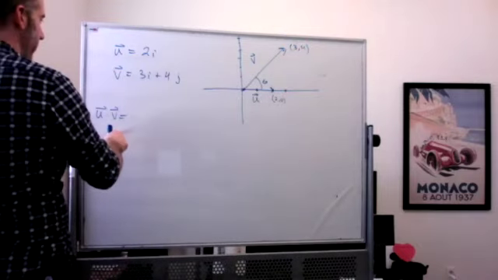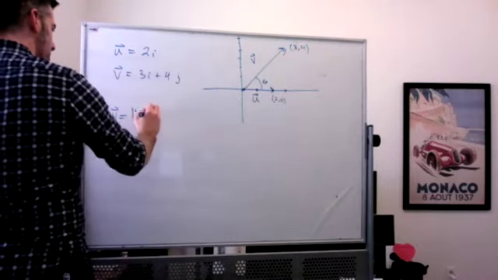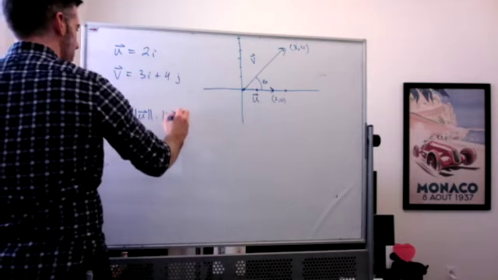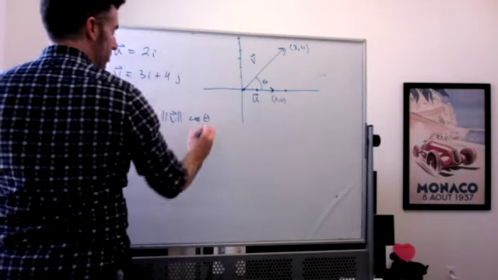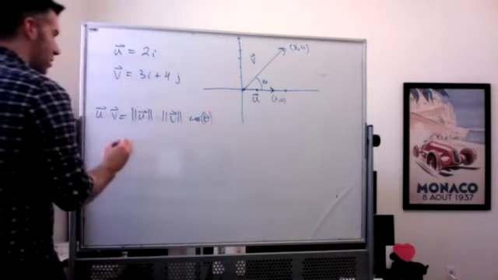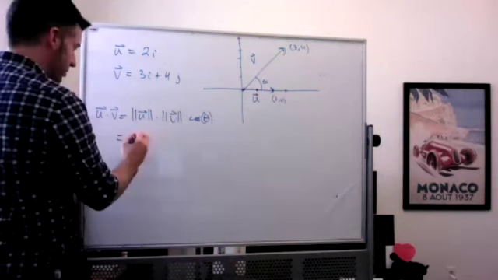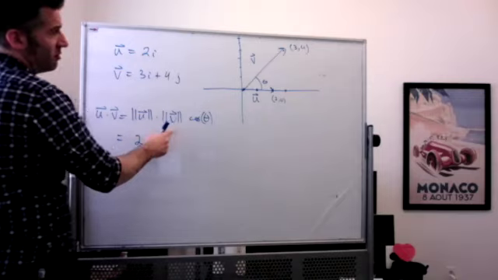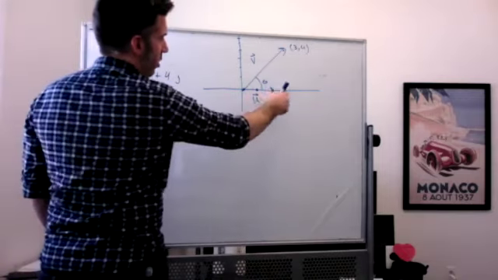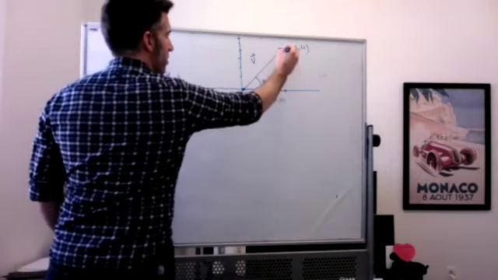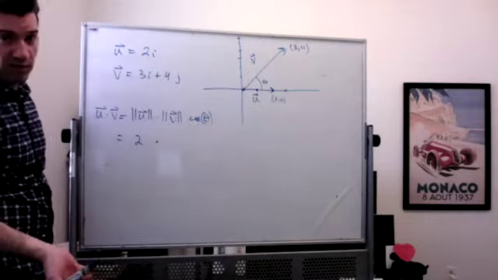So u dot v is going to be the magnitude of u times the magnitude of v times cosine of the angle between them. So let's see. Magnitude of u is still 2. The magnitude of v, well, if I go over 3 and up 4, then this triangle is a 3, 4, 5 triangle.